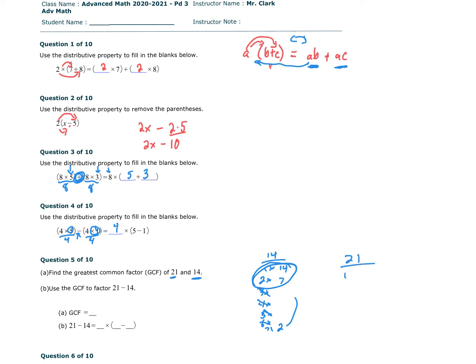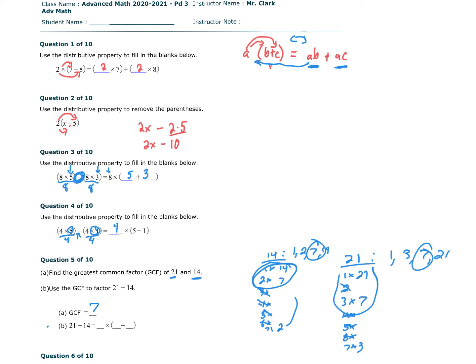Same thing with 21. 1 times 21, 2 times nothing, 3 times 7, 4 times nothing, 5 times nothing, 6 times nothing, 7 times 3. We have a repeat, so we're done. So my greatest common factor, as we did earlier, is 7.